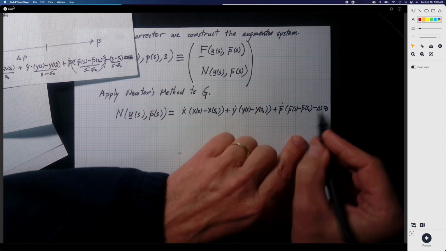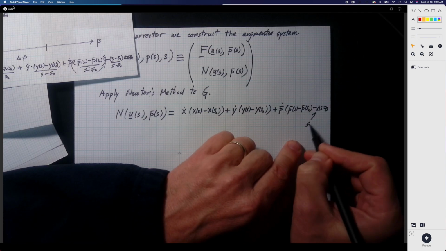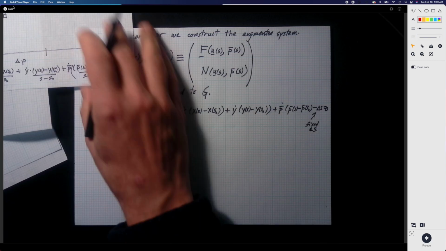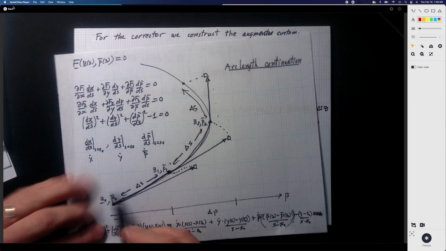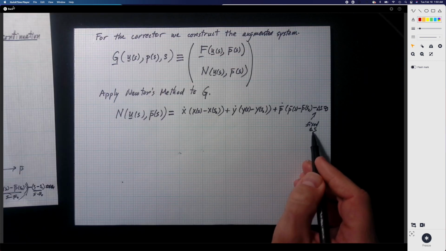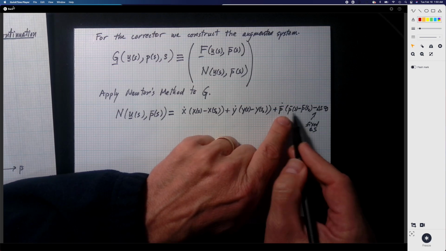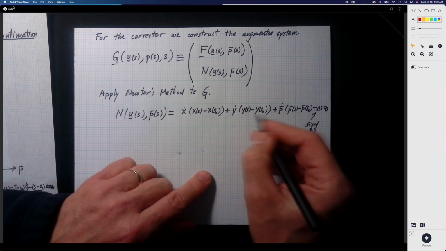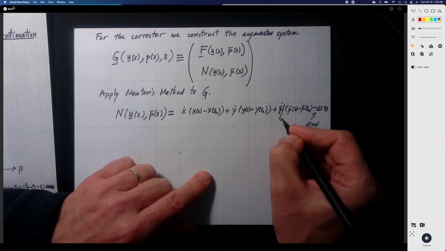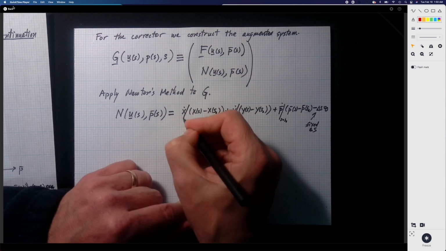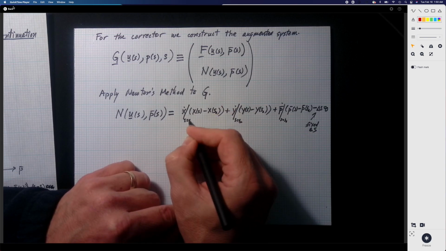And so we're going to fix delta s, so that we travel a finite distance along this arc length curve. We're going to fix delta s, and then that's going to force us to have a p bar which is different from the previous one. This here is evaluated at s equals s naught, this is evaluated at s equals s naught, and this one is evaluated at s equals s naught.